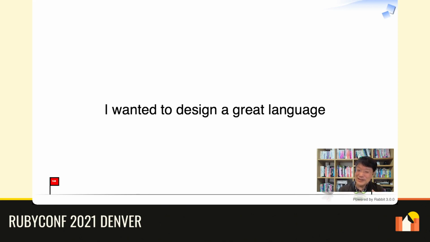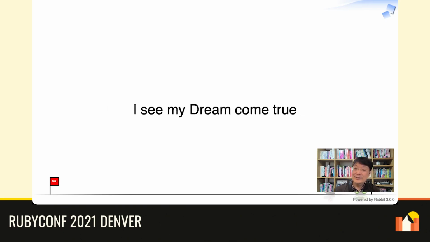I can put anything I like in it to make it a good language. And then I saw my dream come true. I have a great language named Ruby. And then so many people are using Ruby, and many people are using Ruby happily.